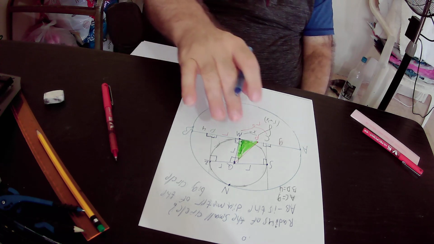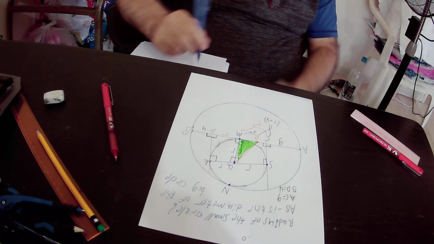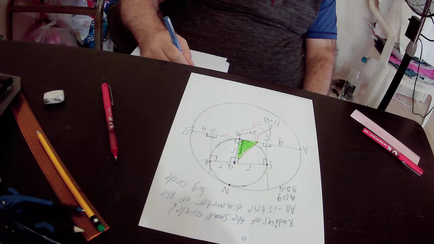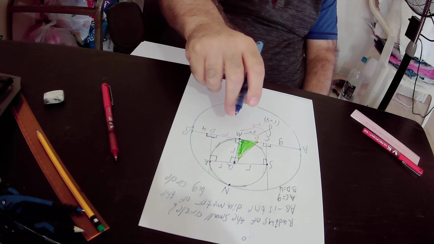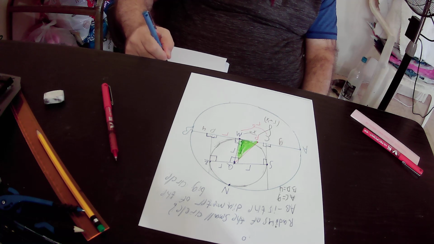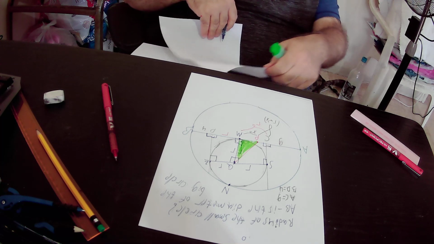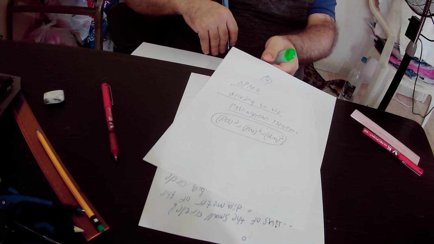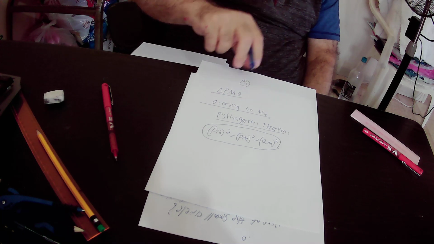That is to say, the square of the hypotenuse of the right green triangle is PQ square, which equals the sum of the squares of the perpendiculars, PM square plus QM square. Okay, we implemented the Pythagorean theorem in the right green triangle PMQ, and we got that PQ square equals PM square plus QM square.